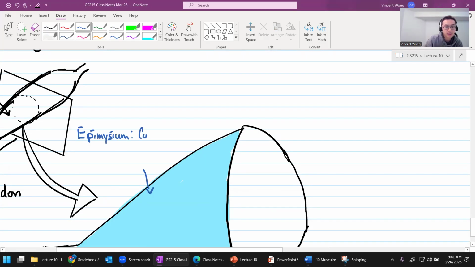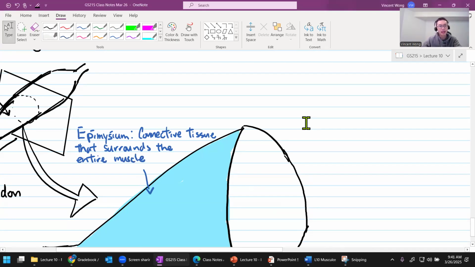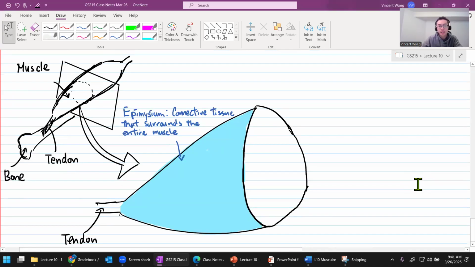It is connective tissue that surrounds the entire muscle. Epimysium.